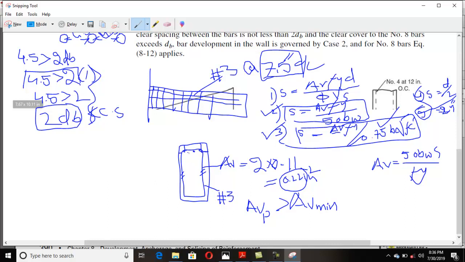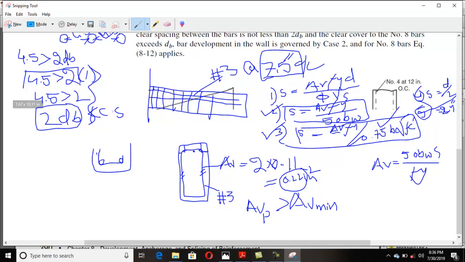Sometimes, like we did an example in McCormac, they consider the cover to the center of the bar. You need not become confused in this calculation of cb, because there is a little trick.